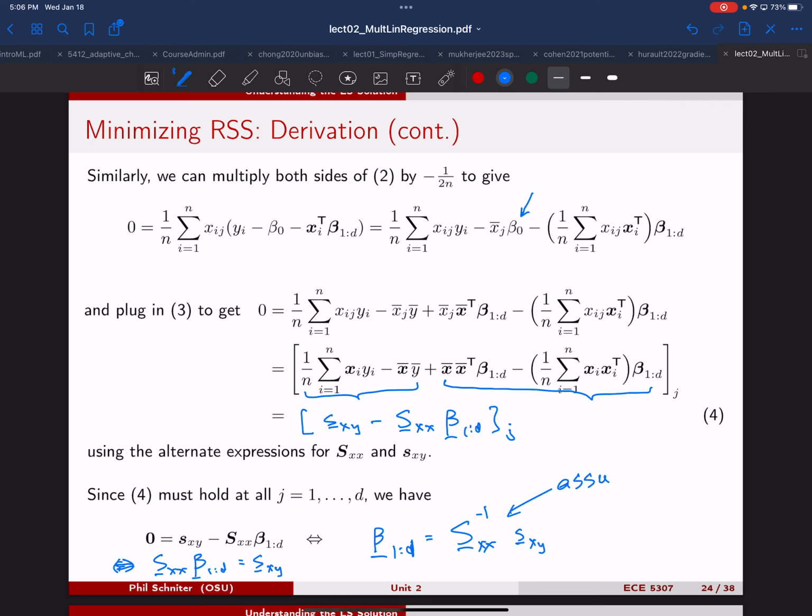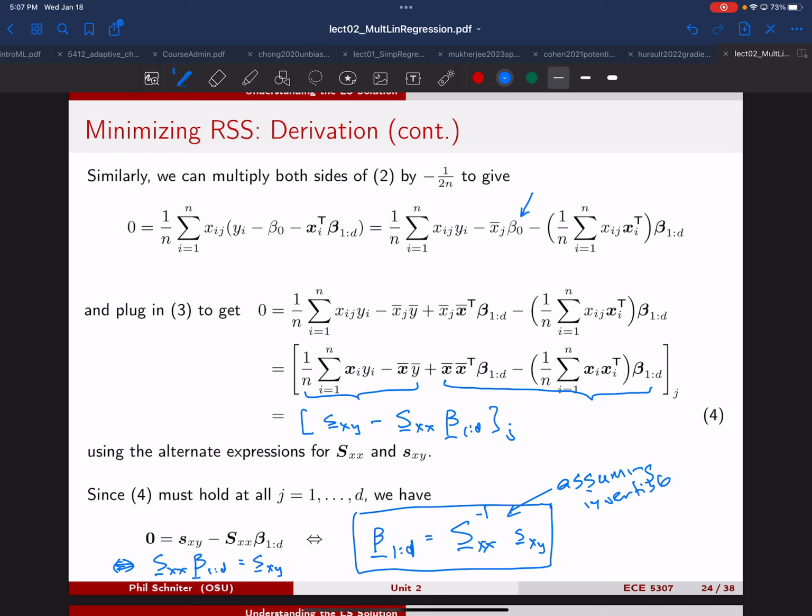So this is assuming that this covariance matrix is invertible. Not always the case, especially if you don't have enough data for the number of features you have. In any case, we will assume for now that we do. And we're essentially all done.